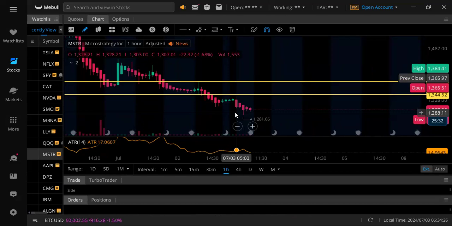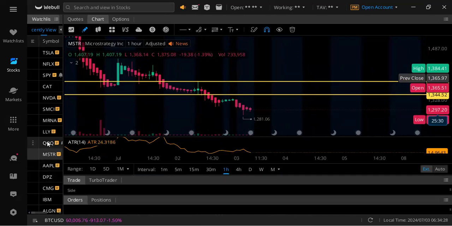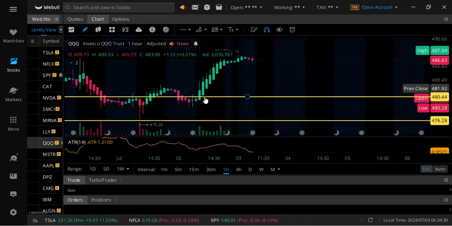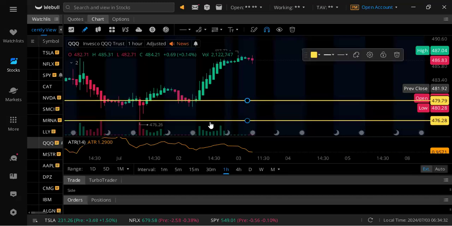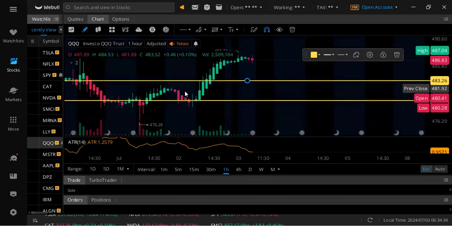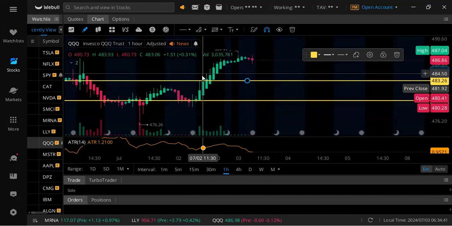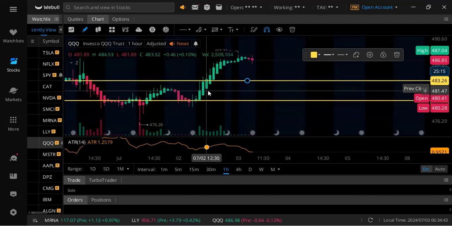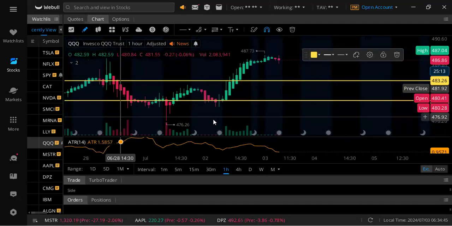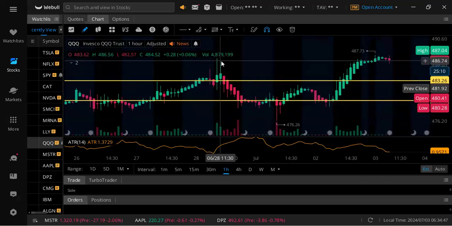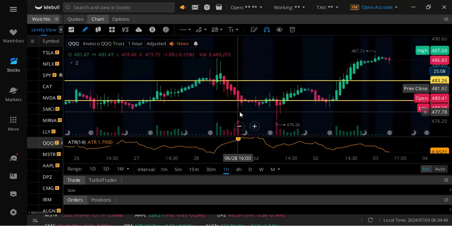So if you want to know which stock you're supposed to be trading, look at that first hour. QQQ, very strong bullish first hour candle. The next hour rejected the low and broke above it. So that's the stock you are trading. But look at this day, indecision, went up, came down.